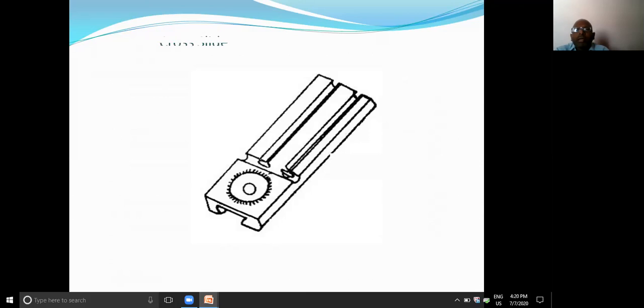This is the next component, the cross slide. Clearly we can visualize that the cross slide is moving over the dovetail joint.